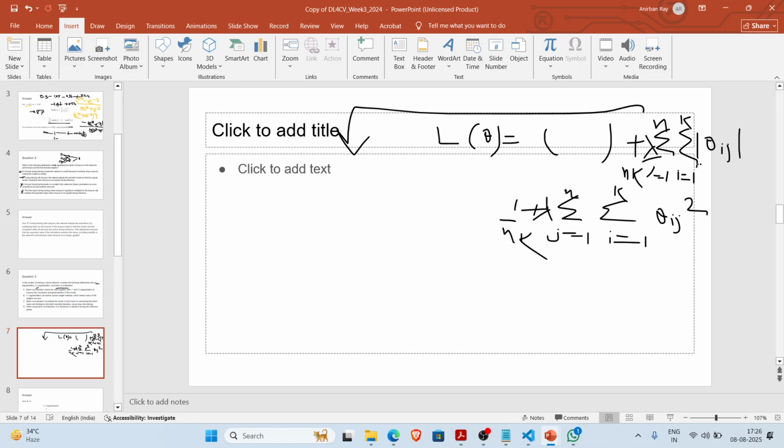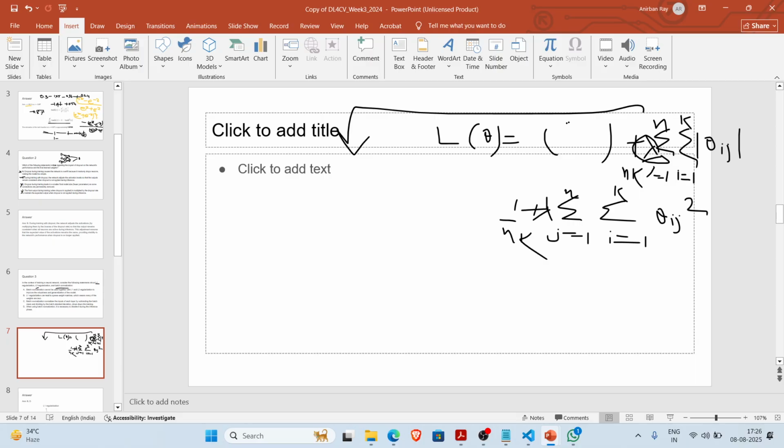Suppose theta ij, a specific i and j, is also here in the loss function, suppose a squared error loss function or anything. But you're also attaching another term, and the magnitude of the term is controlled by this lambda.